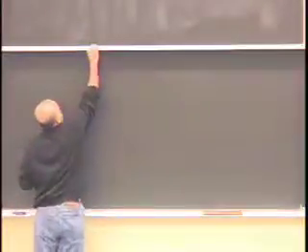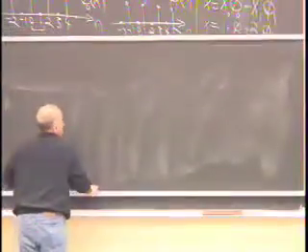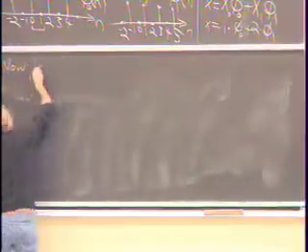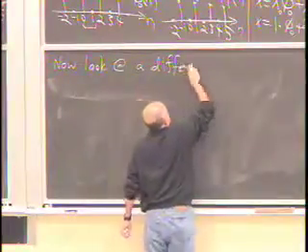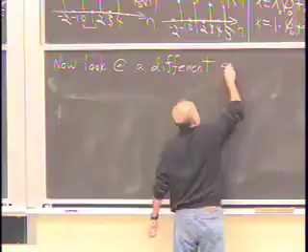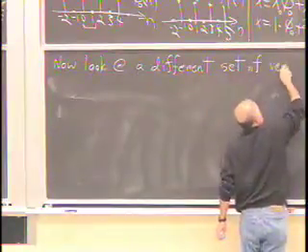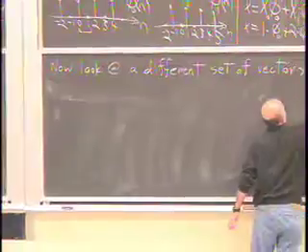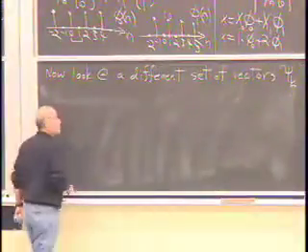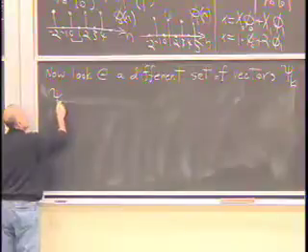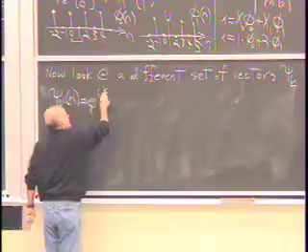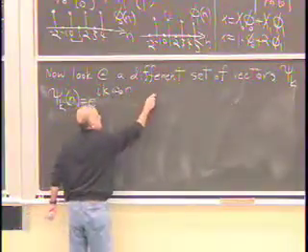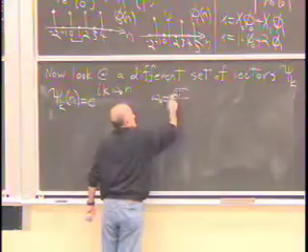Things changed when we looked at another set of vectors. Instead of phi0, phi1, now look at a different set of vectors ck, where, for example, in our two-dimensional case, I pick ck[n] to be e to the j k omega naught n, where omega naught is related to the period.